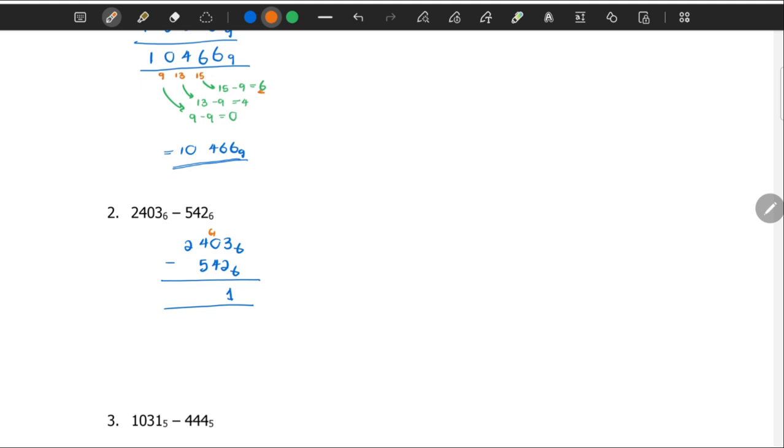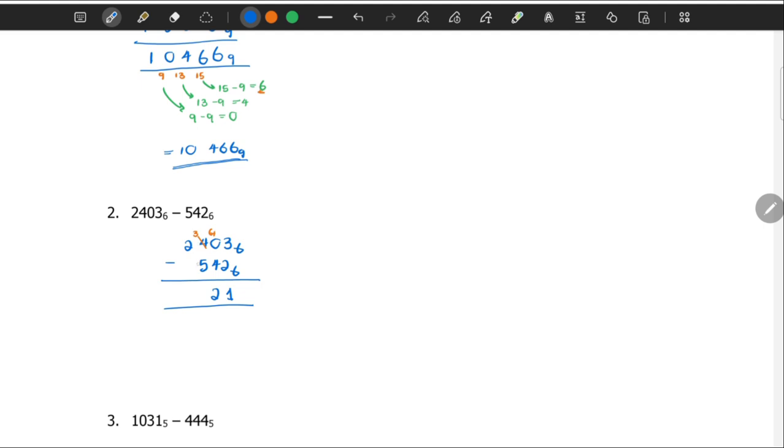When you borrow 1, you borrow a 6. When you borrow something complete, in this case, you borrow a whole number. So borrowing from 4, this is going to be equal to 3. So 6 minus 4, that's going to be 2.